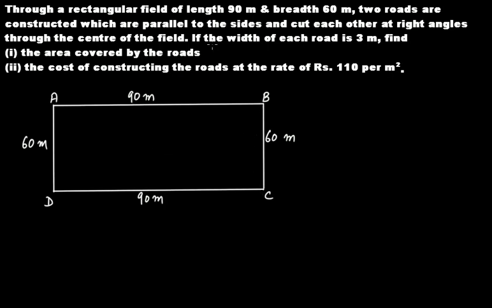So let's draw that. This is road 1 and they pass through the center, that's given. Each road is of width 3 meter.